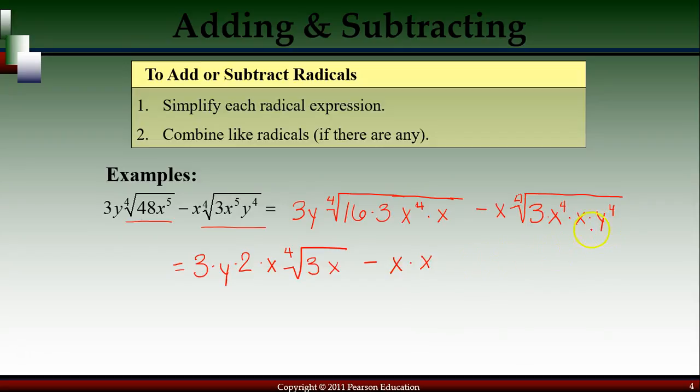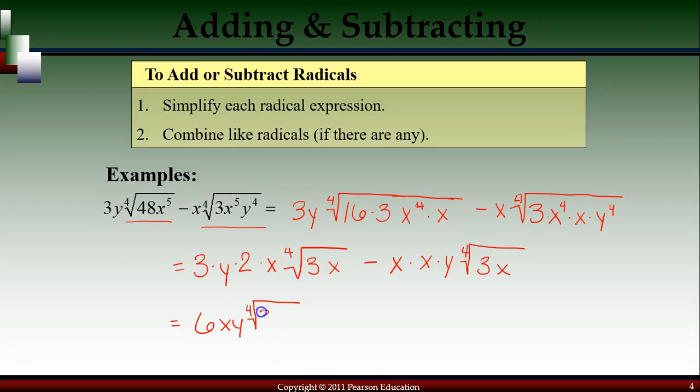And then we can take the 4th root of y to the 4th, which gives us y. And we're left with 3x on the inside of our radical. Don't forget that 4th root. All right, now let's combine everything we can. This 3 times y times 2 times x gives us 6xy.